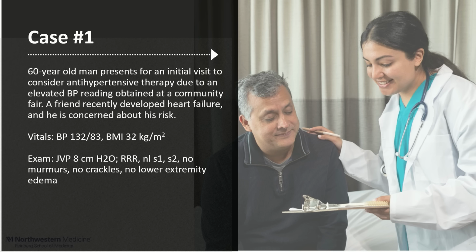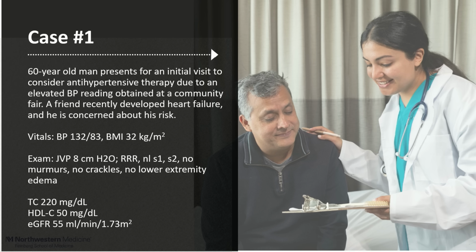This is a 60-year-old man who presents for an initial visit to consider antihypertensive therapy due to an elevated blood pressure reading that was obtained at a community fair. A friend recently developed heart failure, and he is also concerned about his risk. You see the blood pressure reading there, 132/80, stage 1 hypertension, BMI in the obesity range at 32, and an exam that's overall unremarkable.